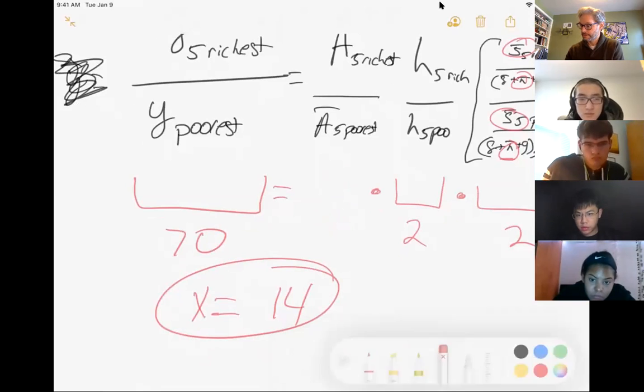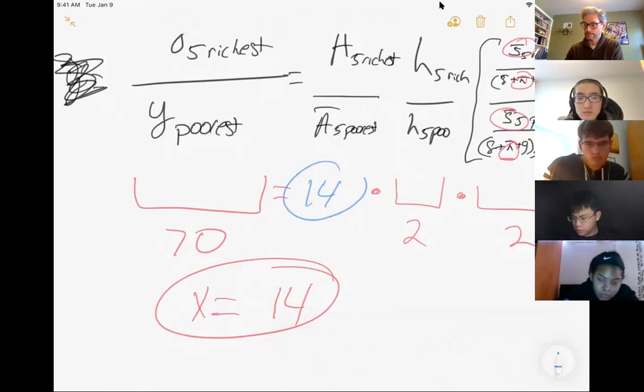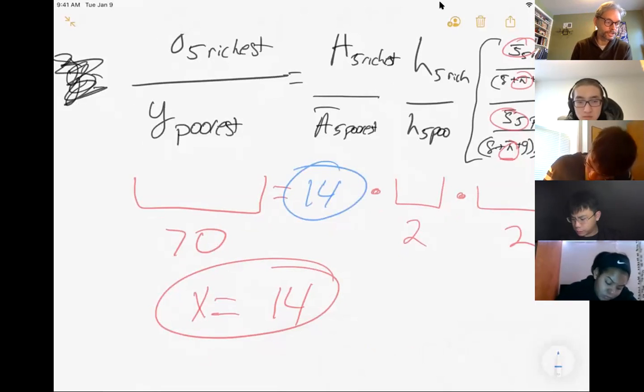So in other words, what's the most important in explaining the income differences between rich countries and poor countries? A, right?